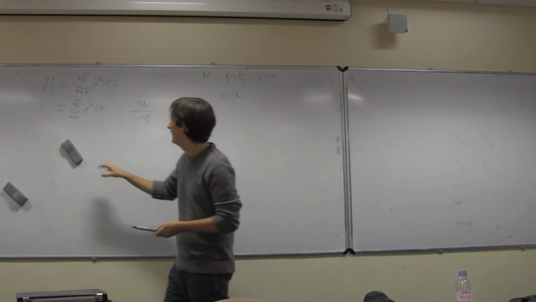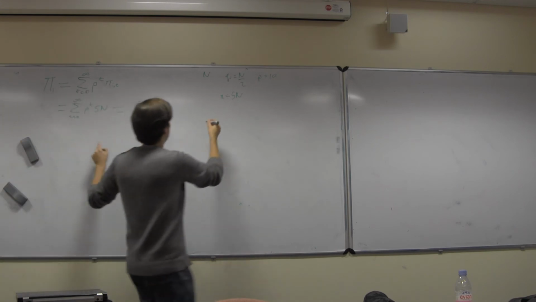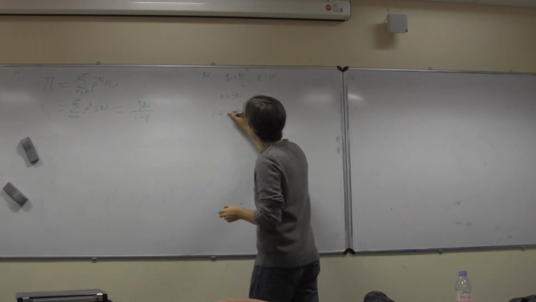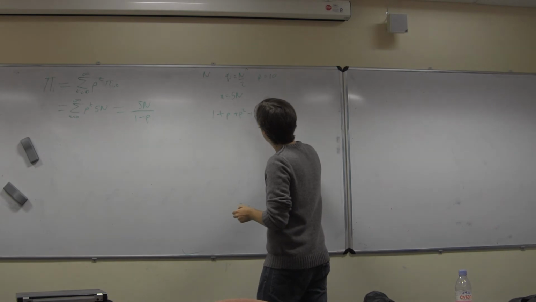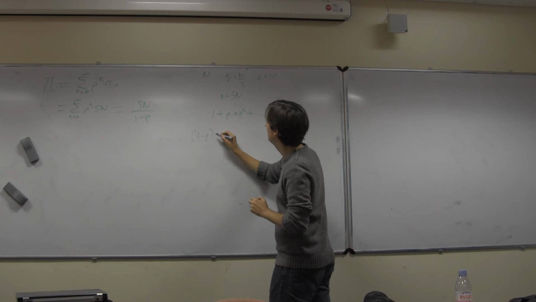Again, the way to check this is this sum. So we've got 1 plus rho plus rho squared plus dot dot dot. Think what happens when you multiply that by 1 minus rho.